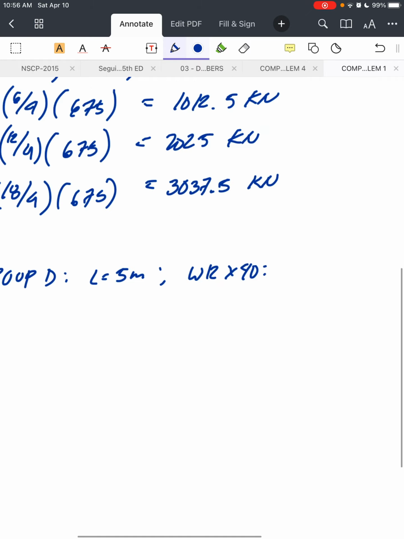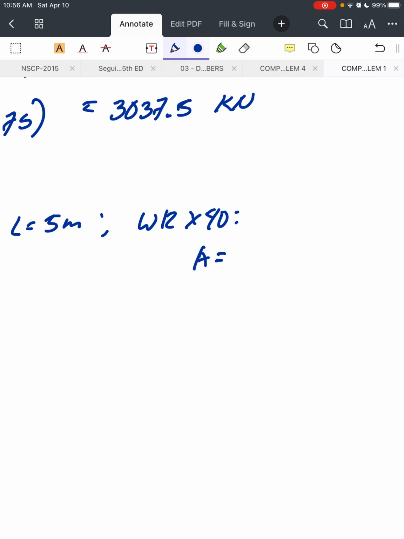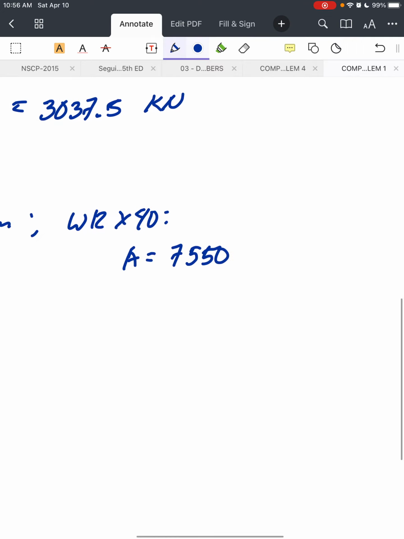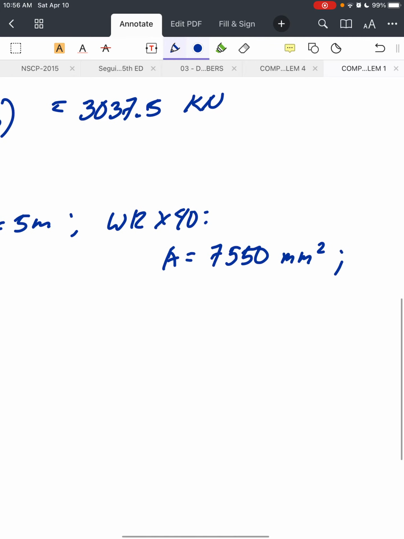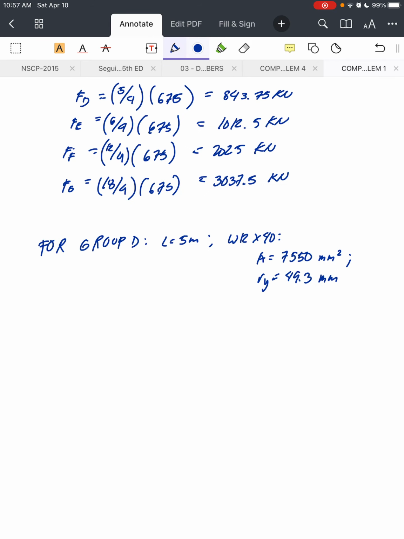So your W12 by 40, we have A is equal to 7,550 millimeter squared, and your ry, or your radius of gyration about the y-axis, excuse me, is equal to 49.3 millimeter. So we can now compute the slenderness ratio.